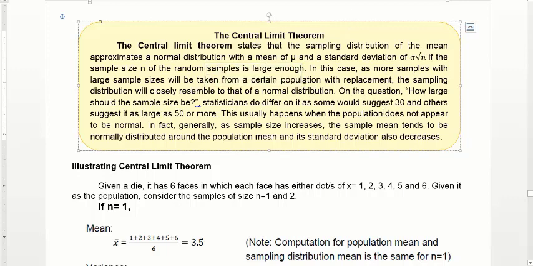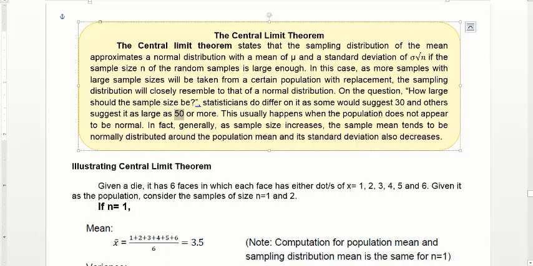Okay, so this means, if your sample size is large, or you have many respondents coming from the population, it will closely resemble a normal distribution, which is a bell curve, remember, from Module 2. So, on the question, how large should the sample size be? How can you say that our sample size is already large? Different statisticians actually have different opinions. Some say 30, some say 50, so it depends.